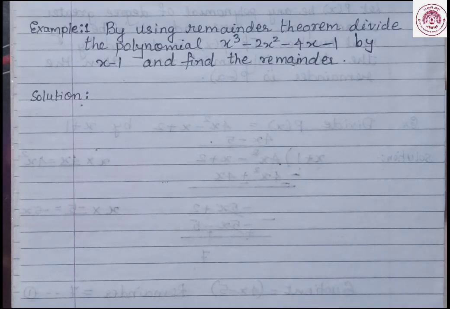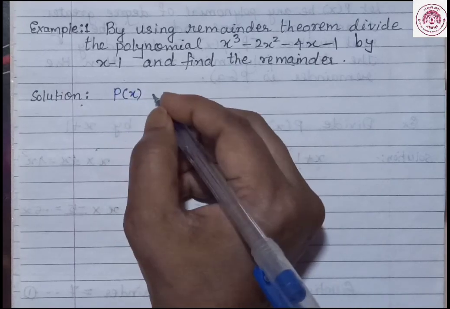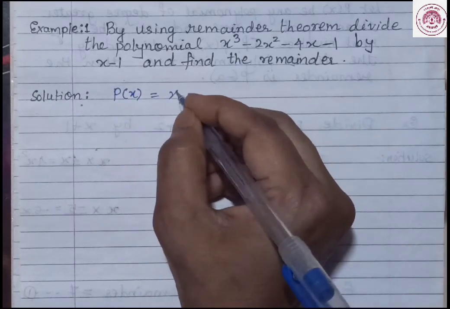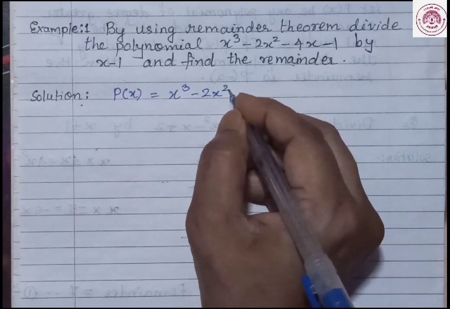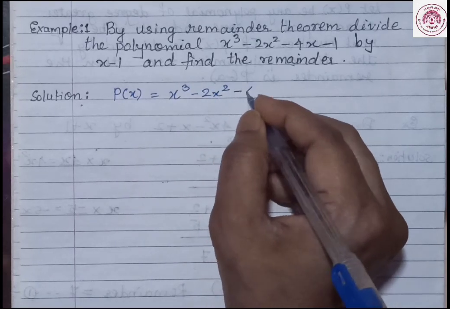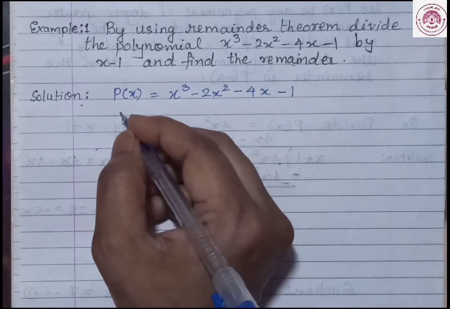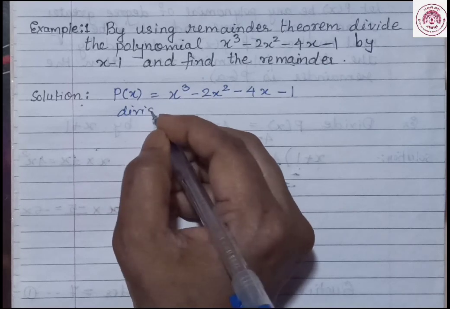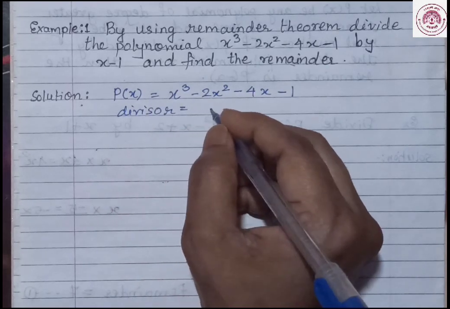So here the polynomial is P of x equals x cube minus 2x squared minus 4x minus 1. Now the divisor is x minus 1.